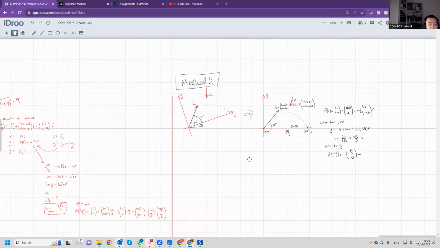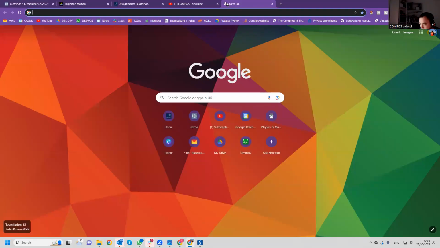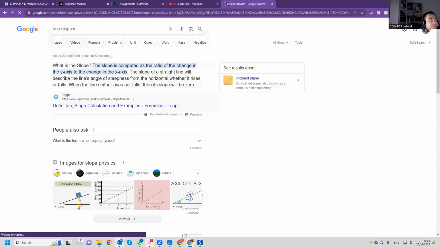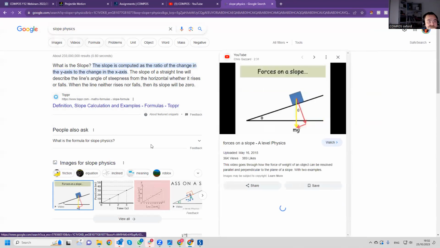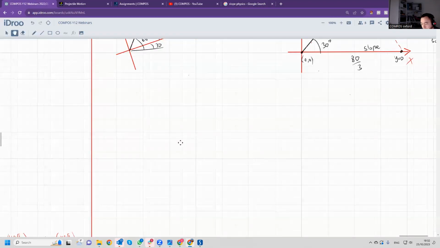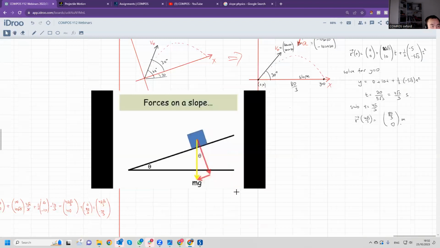When you have a slope, what do we have? Slope physics, like forces on a slope.